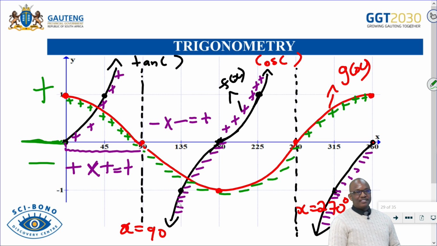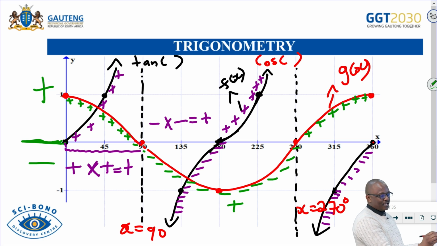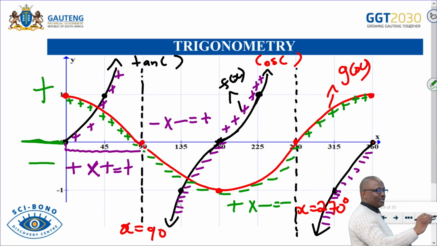Then now, from 180 to 270, the graph of tan is positive, and the graph of cos is negative. Then negative multiplied by positive is negative, which means this interval satisfies our quotient.